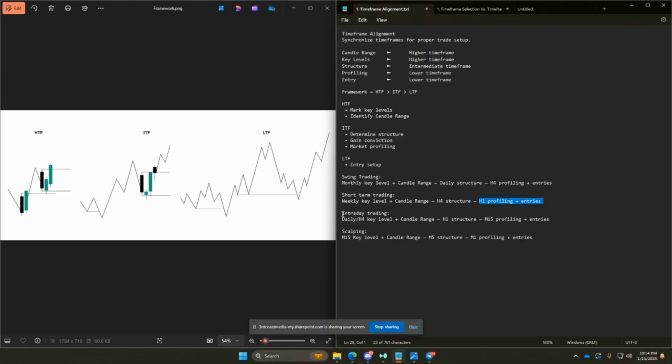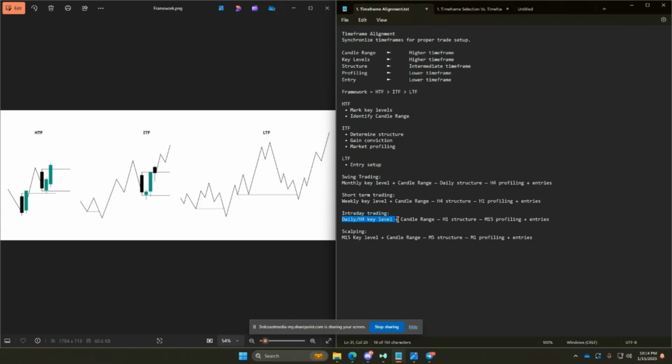If we look at the intraday model, which is a model where you're not intending to hold trades for longer than a day, usually the intention is to close a position within 24 hours. If we're doing an intraday model, then our higher time frame is daily or H4.